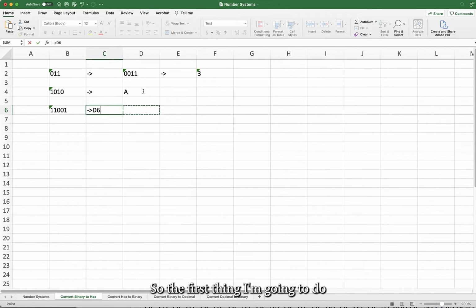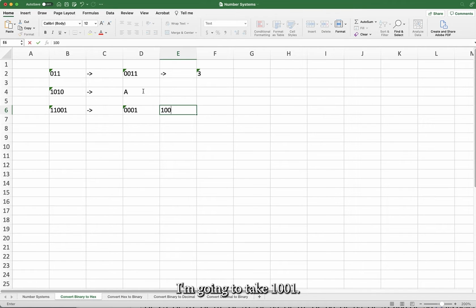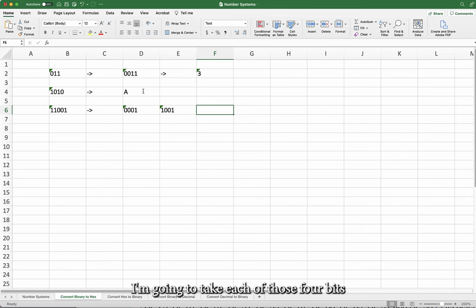So the first thing I'm going to do is take the 1 at the beginning and add 3 zeros, and then in the next column, I'm going to take 1, 0, 0, 1. So I've broken it into 2 units of 4 bits each. And now I'm going to take each of those 4 bits and convert it into hex.